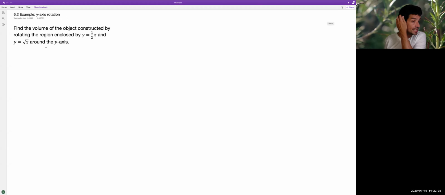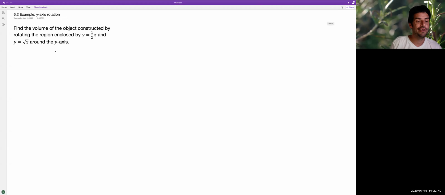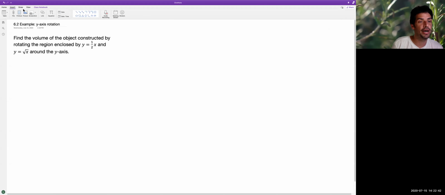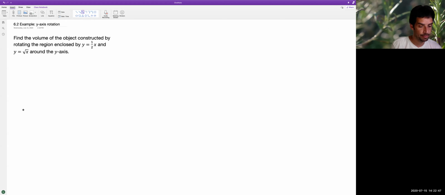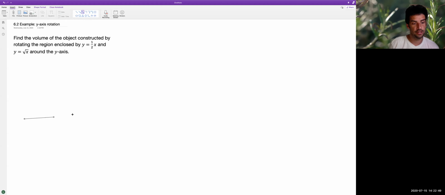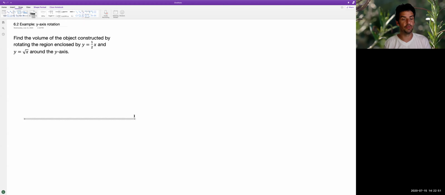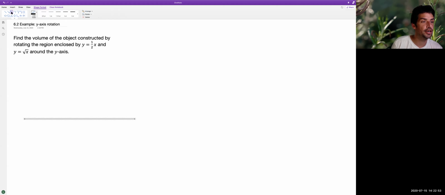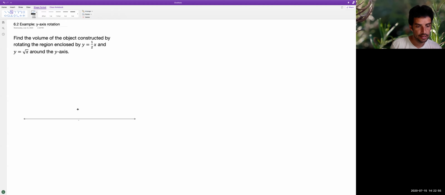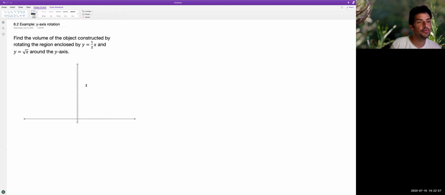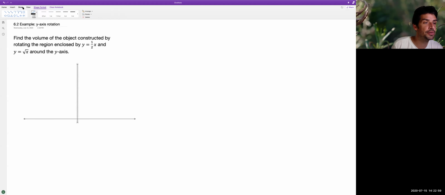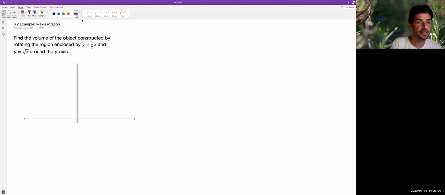So let's get a picture of this object, and I want to start by understanding what the region is, and then what happens when we rotate that region. So I'll throw out a couple of axes. I'm going to put the y-axis in this time since we are going to be rotating around it.